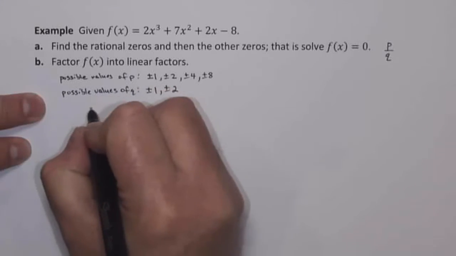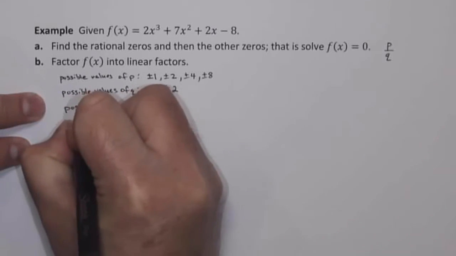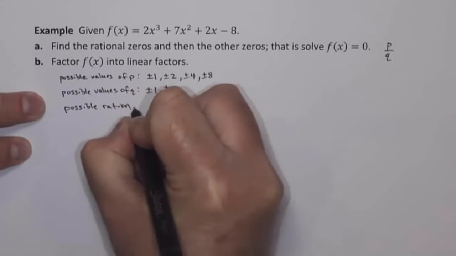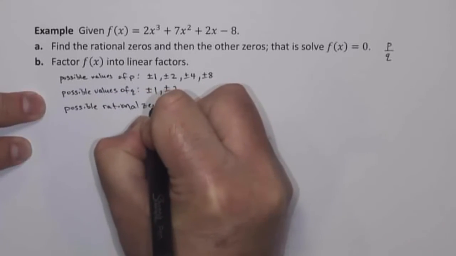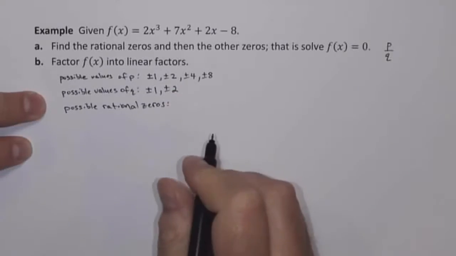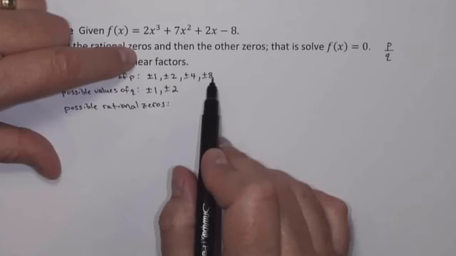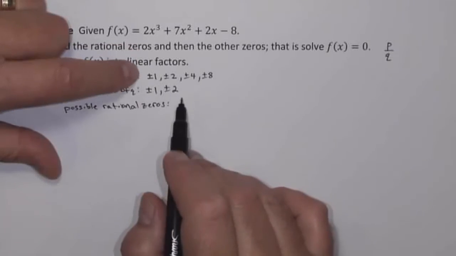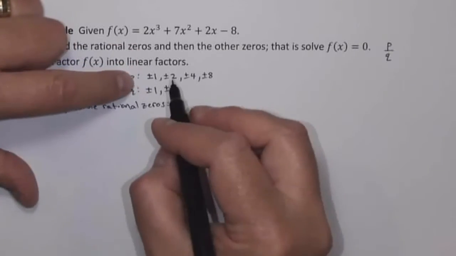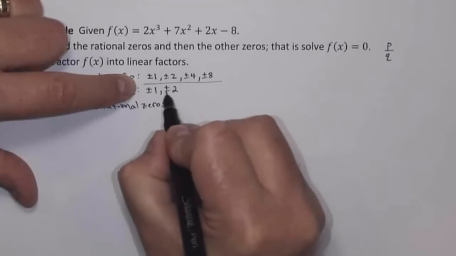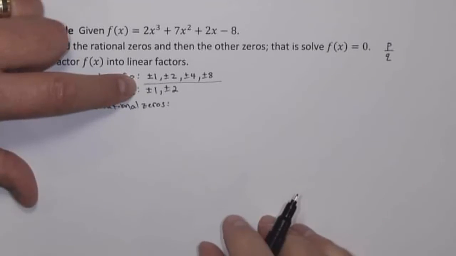So if we want to consider the possible rational zeros, then the only possible rational zeros are what we get when we divide these possibilities for p with these possibilities of q. In other words, if I take each one of these values divided by each one of these values, that will give me the possibilities.